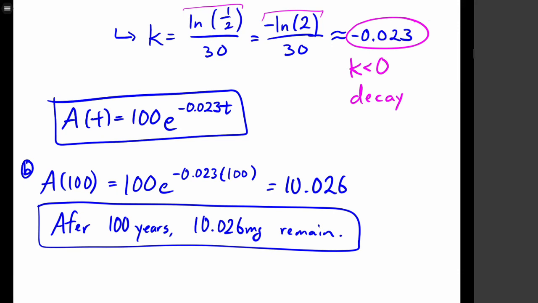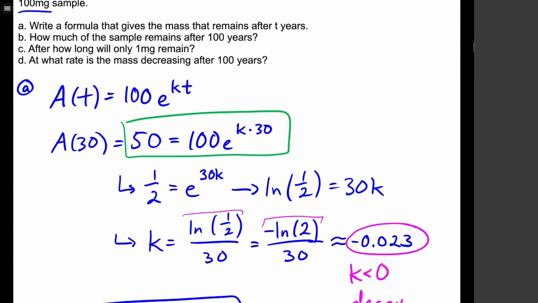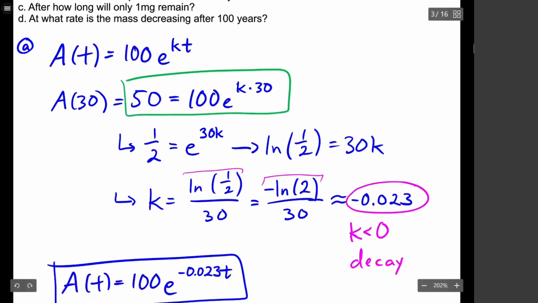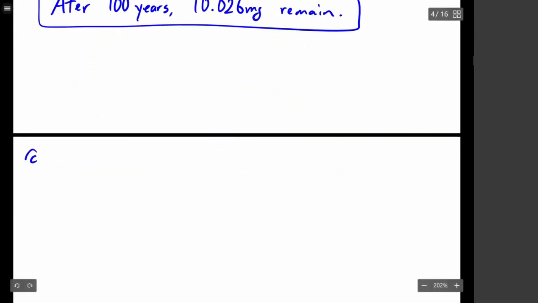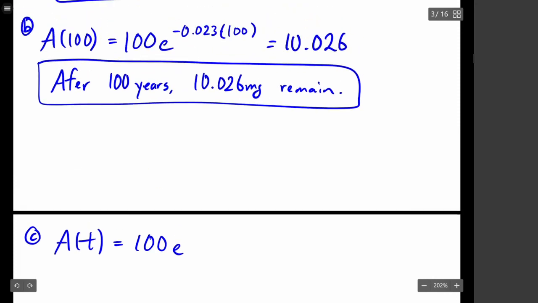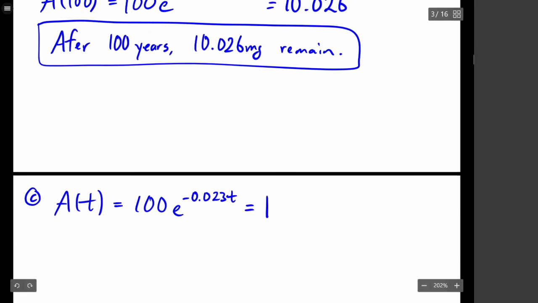So that's part B. Part C is asking us, after how long will only 1 milligram remain? Right. So at this point, it's kind of stuff we've already done. So here, we're now asking A of t, this is 100 e to the negative 0.023t. And if we want only 1 milligram left, set this equal to 1.